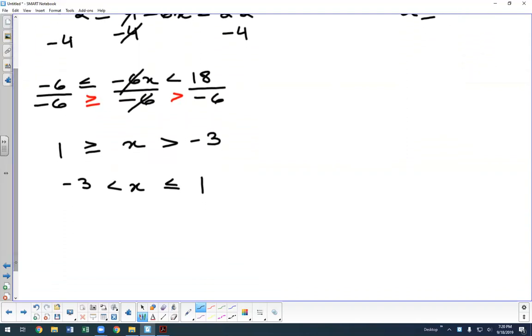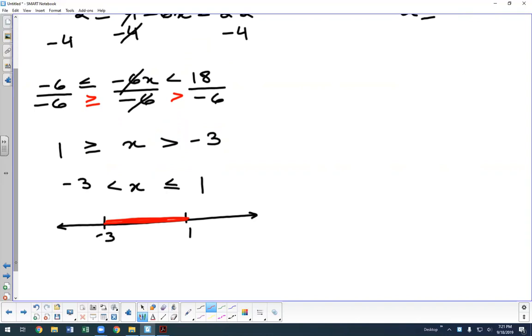So what will this look like on a number line? I've got -3. I've got 1. We're saying x will be between these two numbers, right? So obviously our shaded portion is going to be right in here. Now what symbol do I put on -3?